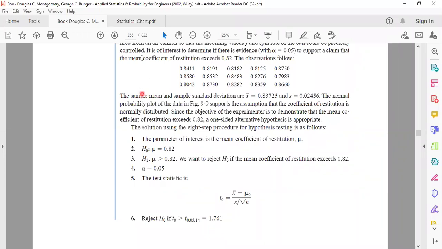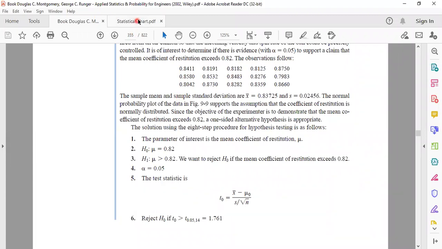The statistical chart which I'm presenting to you has not been taken from this Montgomery book. I have taken the chart from the PDF of the book by Sheldon Ross, because I wanted to show you that with any book you use, you are going to get a similar result.